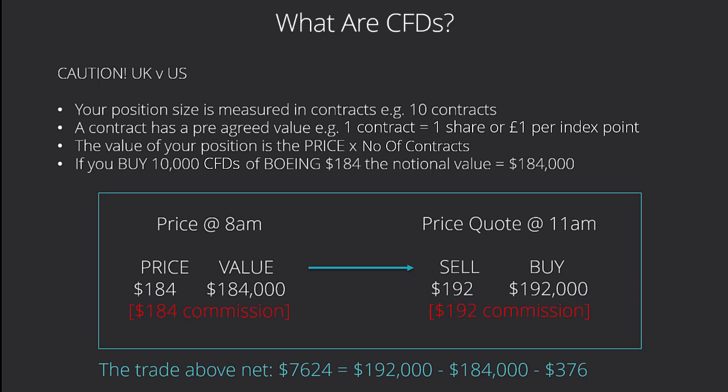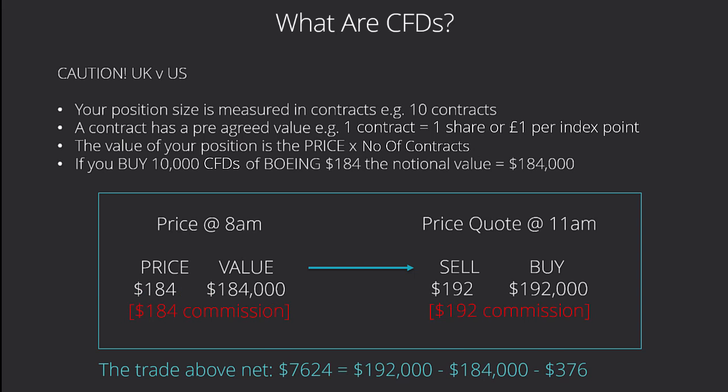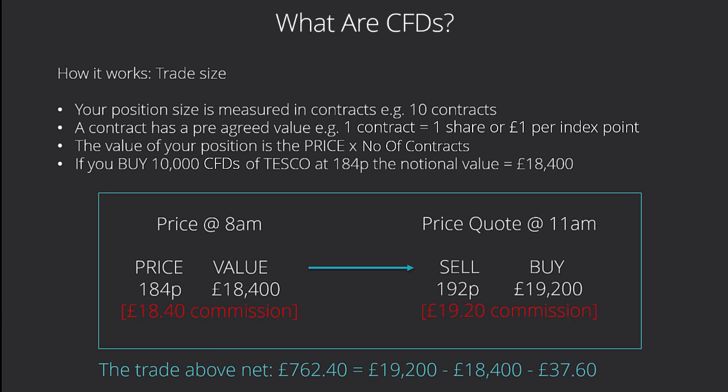If you see Boeing, for example, at 184, and bearing in mind we've just looked at Tesco at 184, the difference is that in the US they quote stocks in dollars. 184 is $184. 184 of Tesco is not £184, it's 184 pence. So look at how much difference that makes.